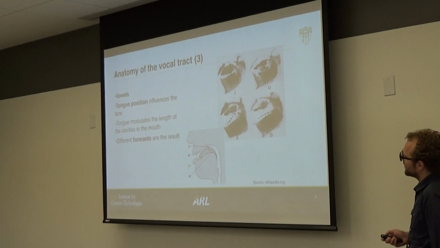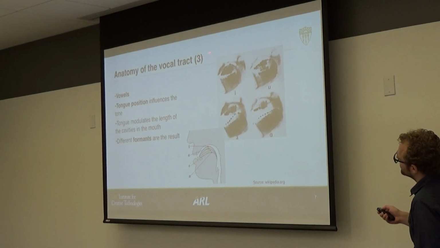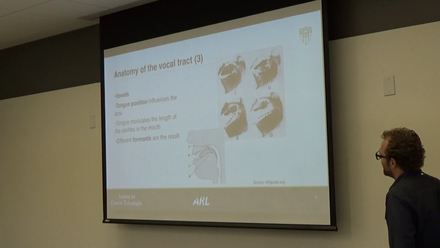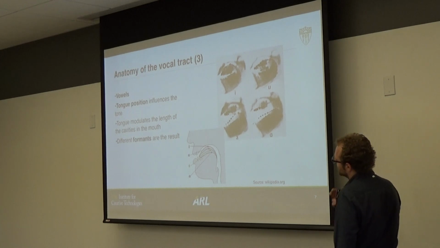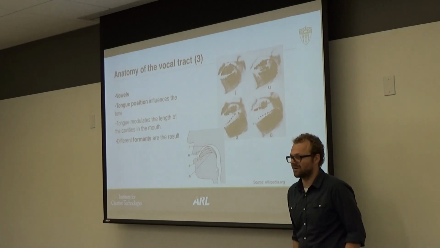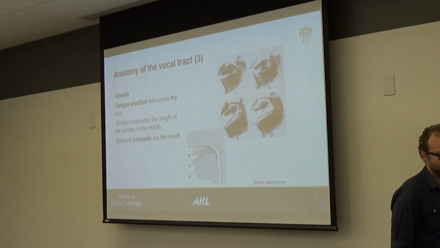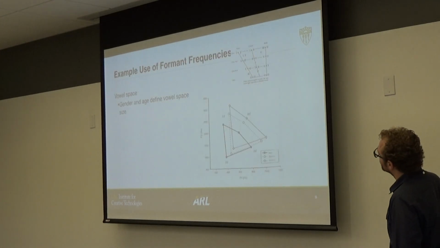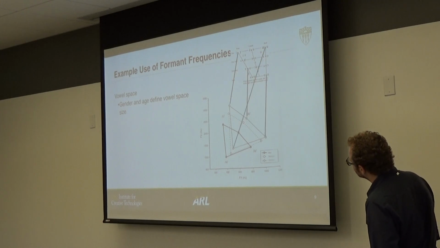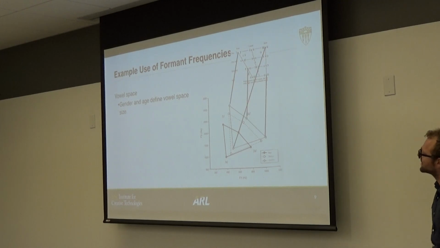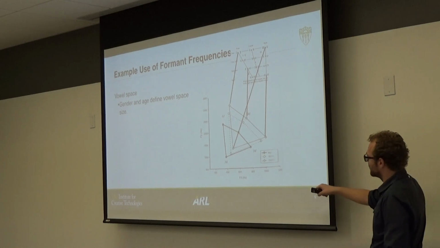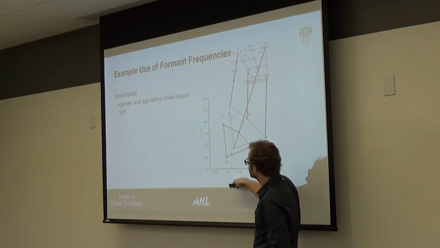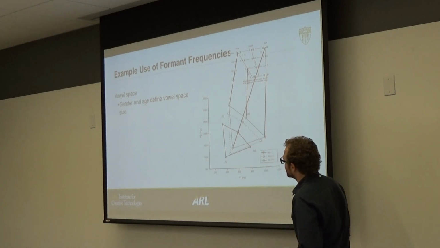Then we talked about how we can use, for example, our tongue to form vowels, and that the tongue positions are very important for vowel production. We identified that we can plot those on a vowel space display of two dimensions. On the one hand, you have the first formant, and on the other, the second formant.